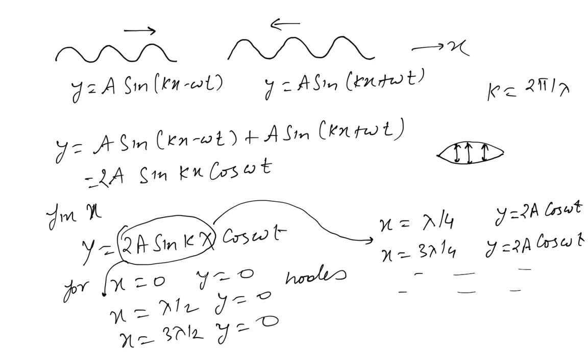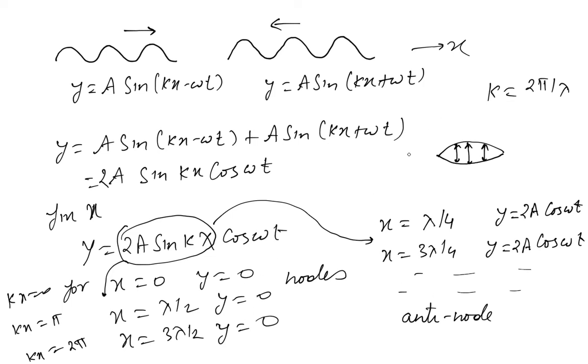You see that here kx is 0, here kx is pi, and kx is 2 pi. So for all these values, sine is 0. But similarly, sine is maximum, 1 or minus 1, for all these different values. And these are called antinodes of the standing wave, and these are called the nodes.